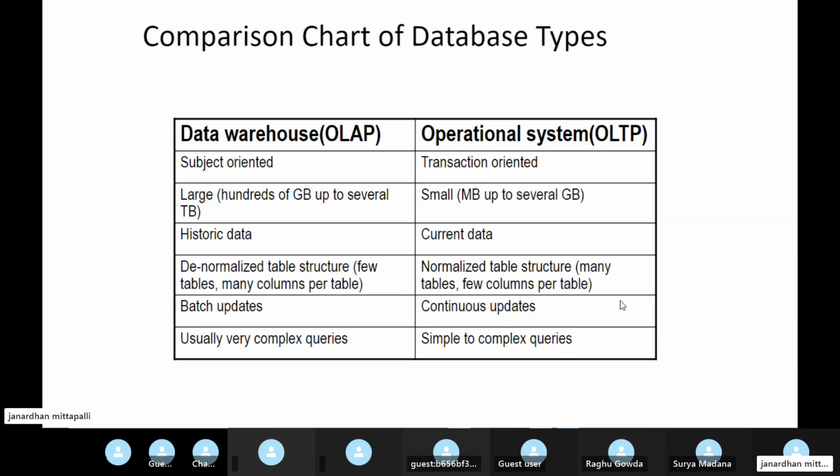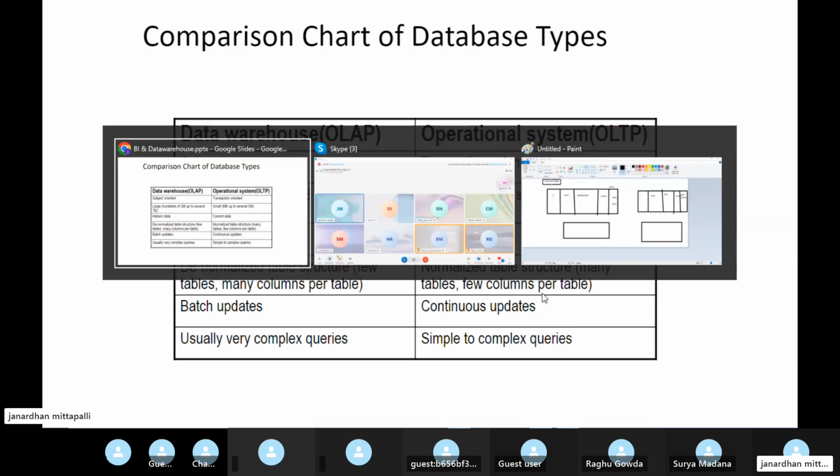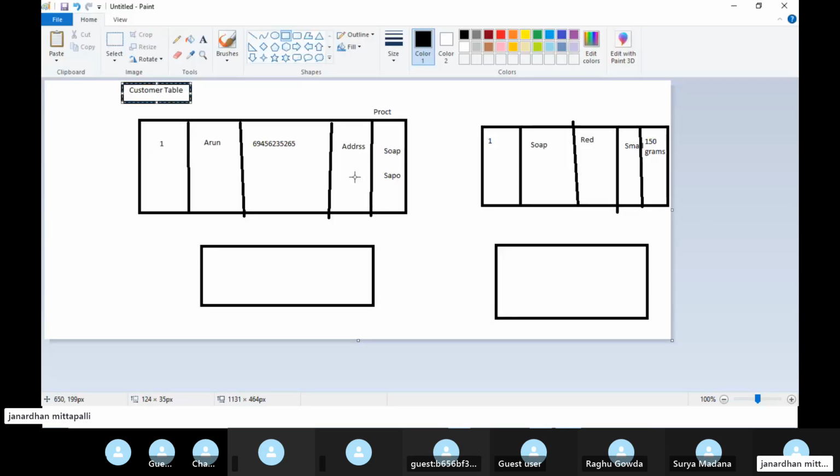Normalized means many tables will be there, and the columns will be fewer. Why fewer? For example, in denormalized data, you have a single table, which means fewer tables, that consists of all information like customer, product, location, and sales. It may not be only a single table, it may be multiple, but it will not have specific data.